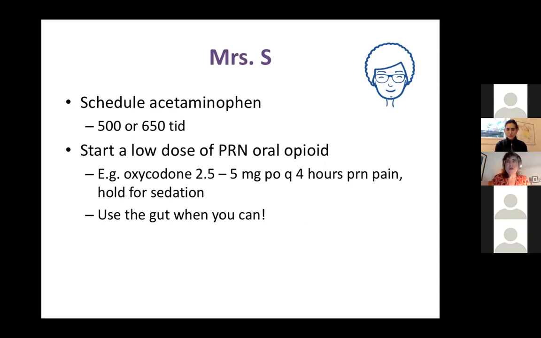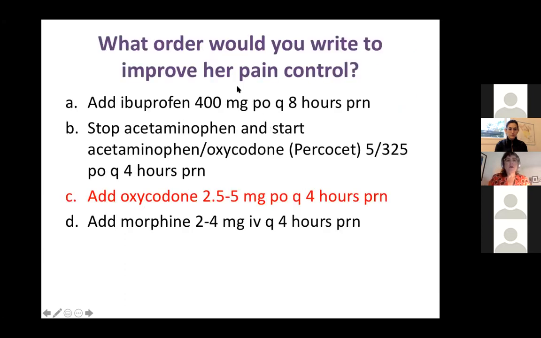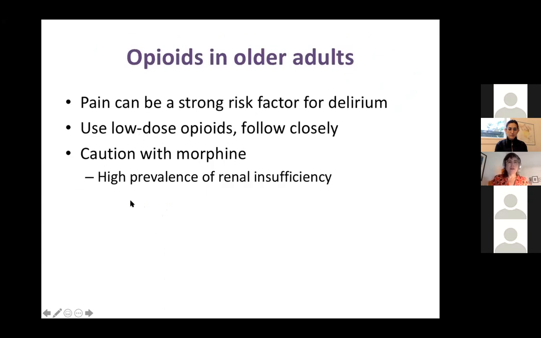In the case of opioids, the oral opioids last a lot longer. We prescribe IV morphine or Dilaudid every couple of hours, but it really lasts half an hour or an hour. And so people have a much more even pain level if they can take oral. So again, C would be my best answer.